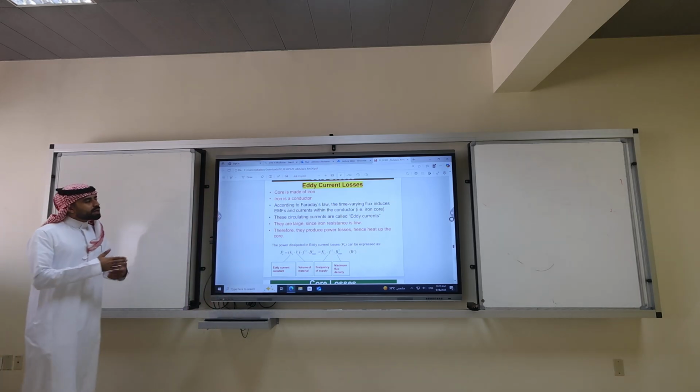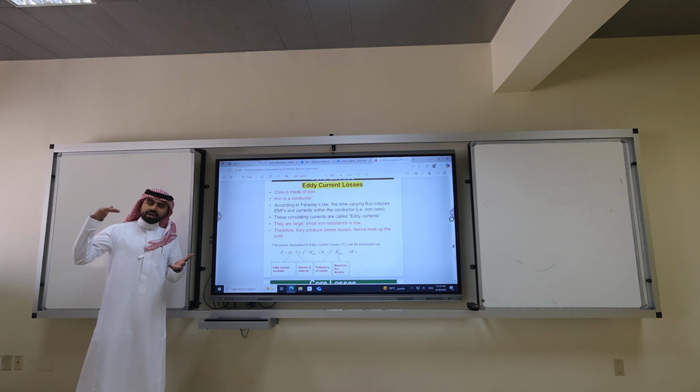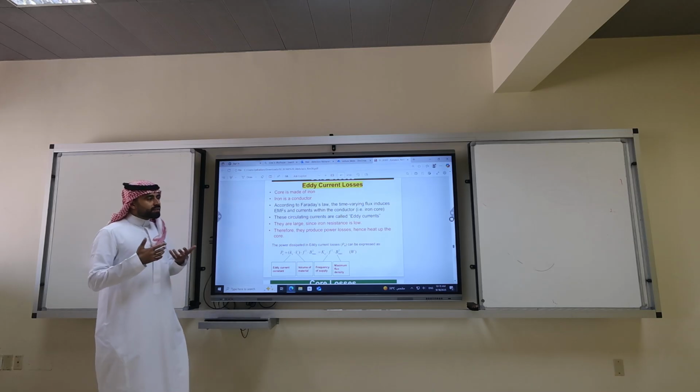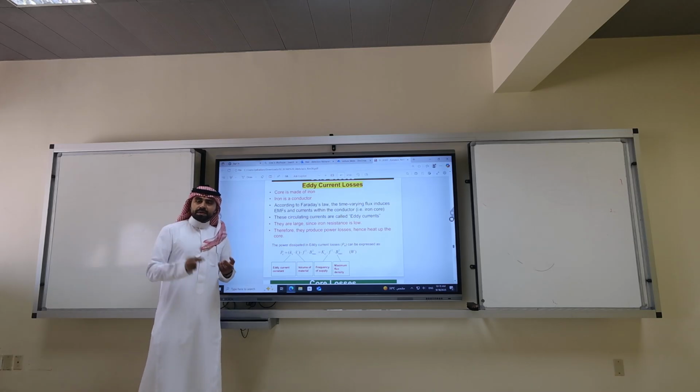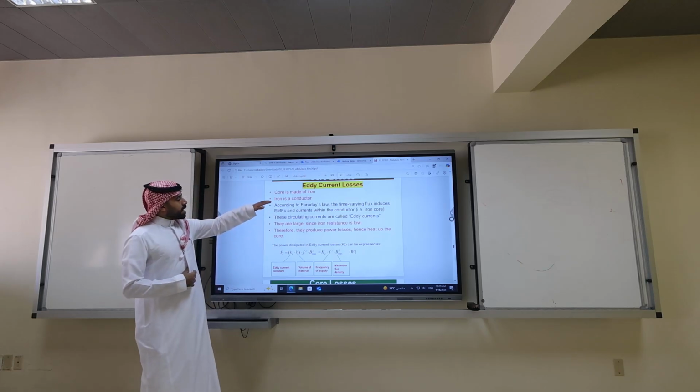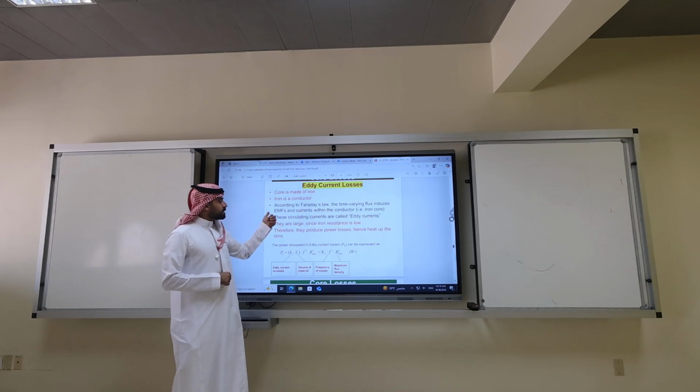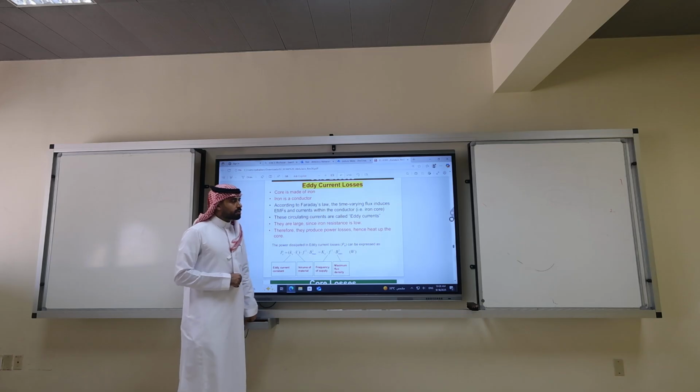For some reason there is current that flows in the iron, but iron has very low resistance. Even though it has very low resistance, it still experiences some of the losses. So, according to Faraday's law, the time varying flux induces EMF and current within the conductor, the iron core.